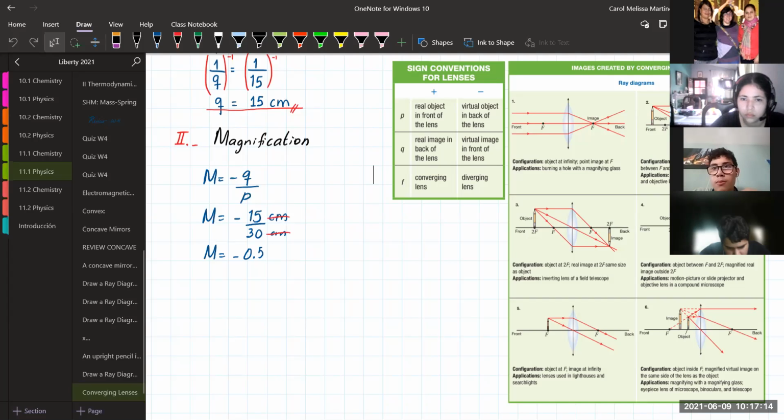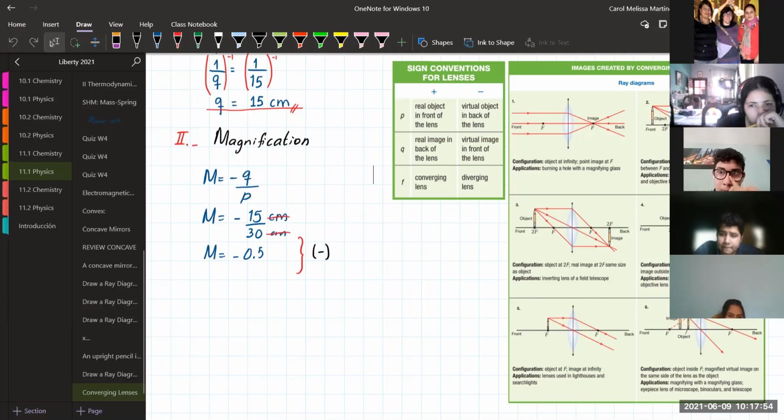So what can we say about this magnification? It is negative, okay? What does the negative tell us? How is the image that is going to be formed? Is it going to be inverse or is it going to be upright? Guys?